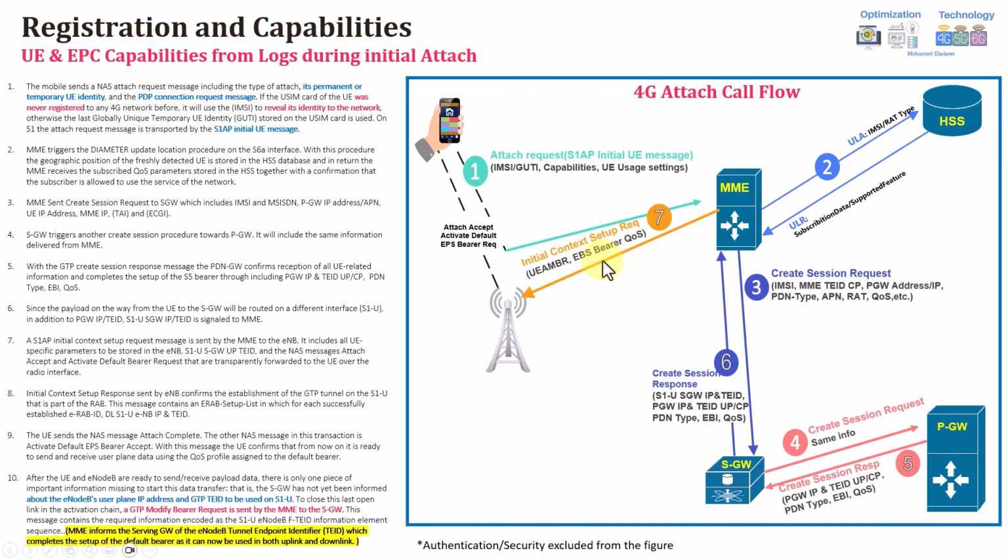But the most important, it will have the EPS bearer, quality of service, and also the MBR messages. And in the air interface, you'll find this one called attach accept and also activate default EPS bearer request. By the way, the attach request is also related to the PDN connection request message. And both of them are piggybacked in the initial UE message.